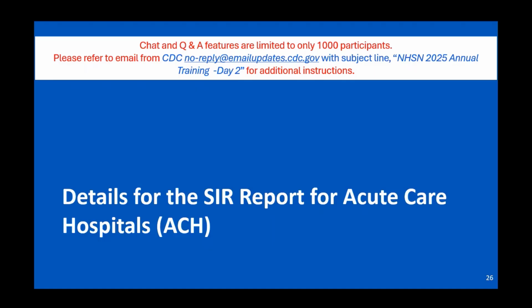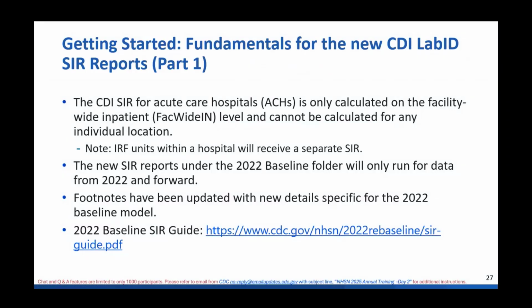Okay. Now I will go into more detail on the actual reports. The CDI SIR for ACH, or acute care hospitals, is calculated at the facility-wide inpatient, or FacWideIN, level, and it cannot be calculated for any individual location.